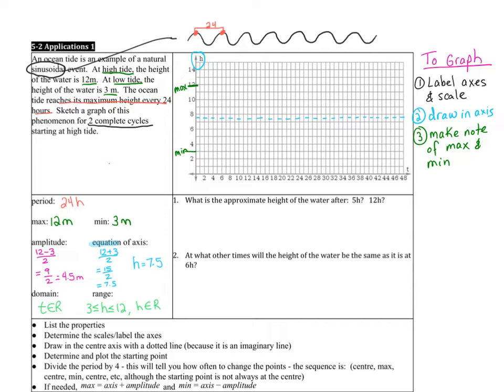But sometimes it's not as easy to figure out what the maximum and minimum are. So one thing that you can do to figure out the maximum is, if you know what the axis and the amplitude is, the maximum can be found by taking the axis and adding the amplitude. And the minimum can be found by taking the axis and subtracting the amplitude.